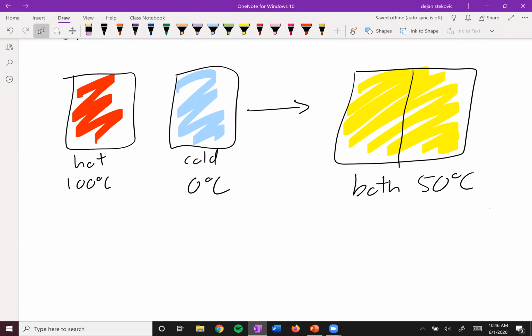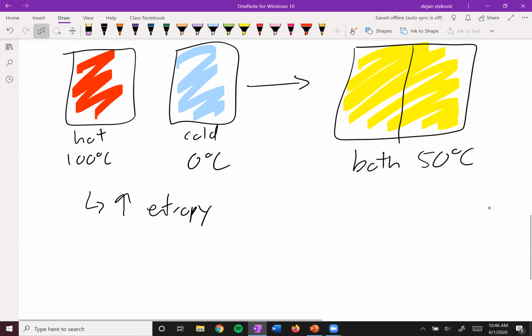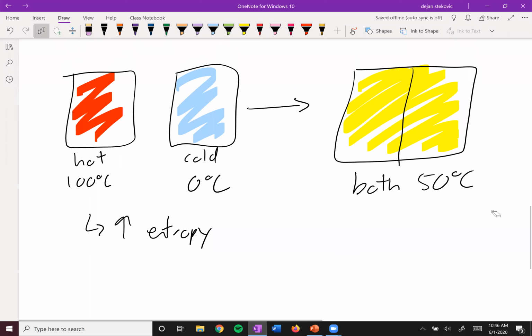The stuff on the left and the stuff on the right has the same amount of energy. So why did it happen? To cause an increase in entropy, right? The dispersion of energy. And this explains why food will go to room temperature if you leave it out, right? If you leave a hot pizza on your counter, it's going to go to room temperature. If you leave a frozen pizza on your counter, it's going to go to room temperature.